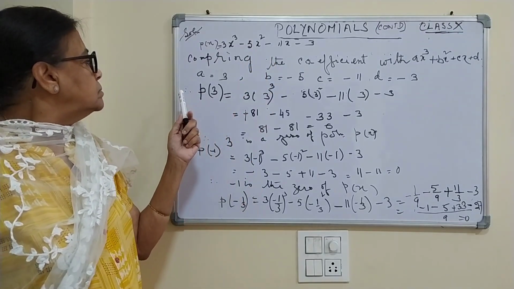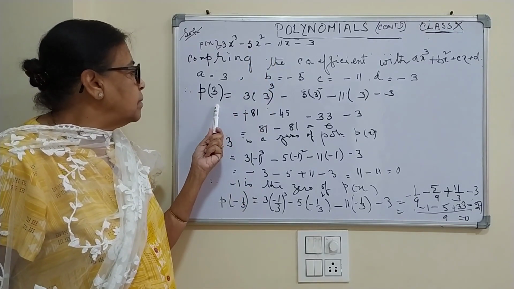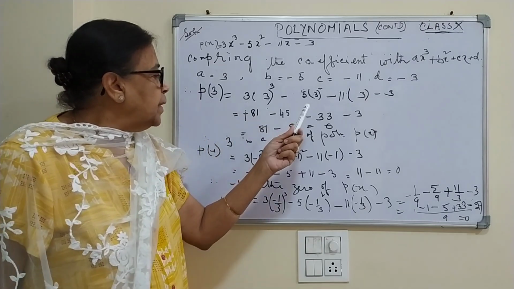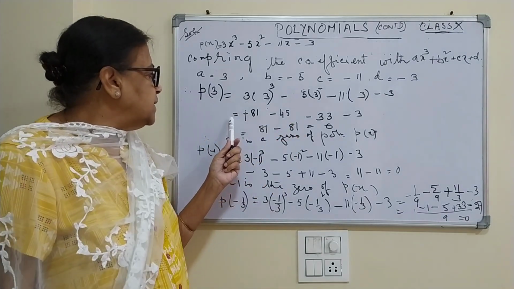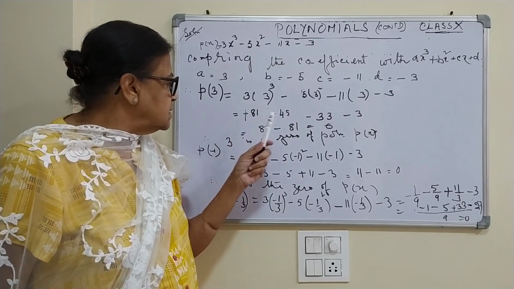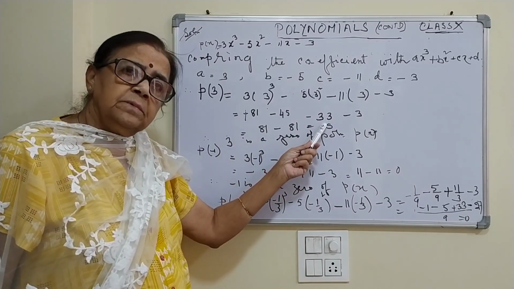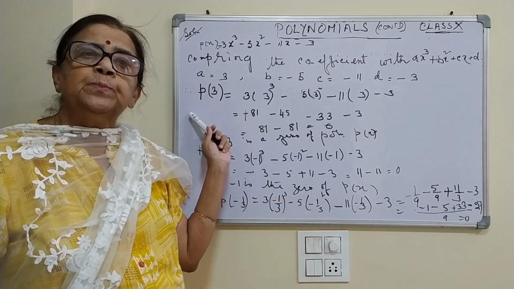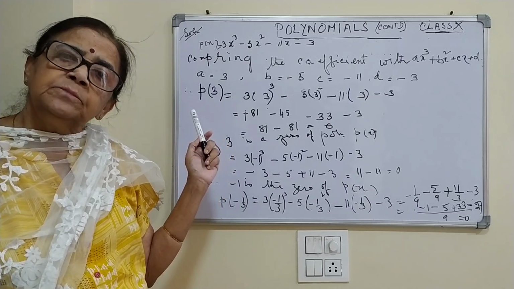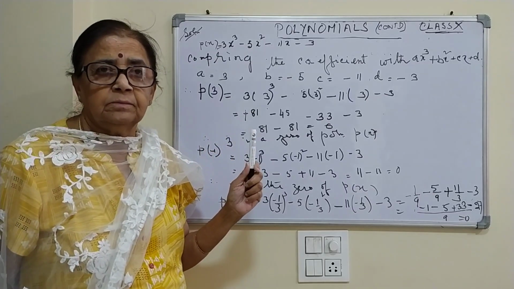So, P of 3, when we solve, we get 0, which implies P of 3 is a zero of the polynomial.